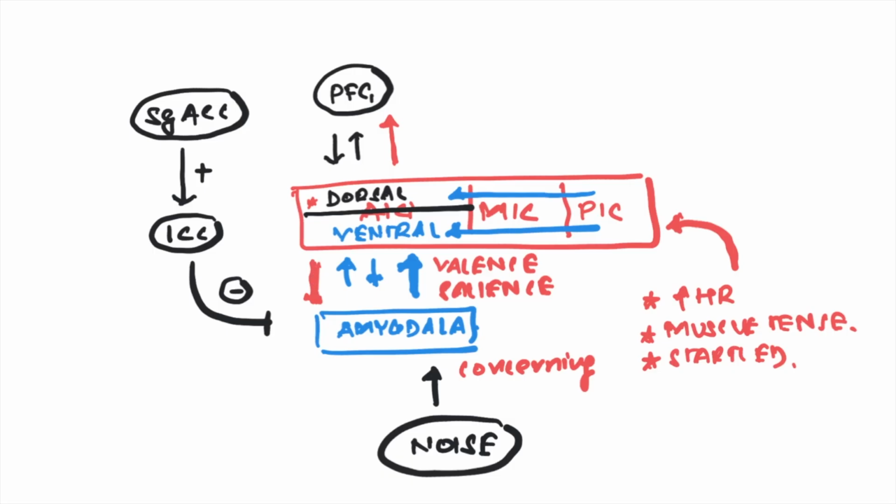So the anterior insular cortex basically is telling the amygdala through the ventral anterior insular cortex that yes, the loud noise does need attention, but it is not dangerous as it happened in a very controlled setting of a firework or party. I don't know how controlled the party is, but let's assume that it's a controlled party.